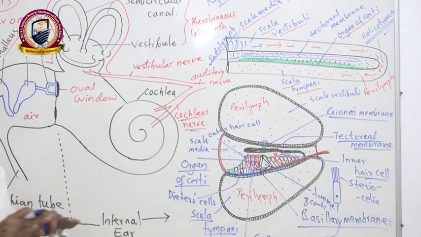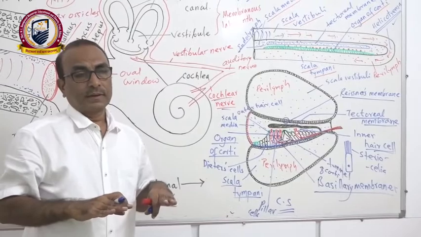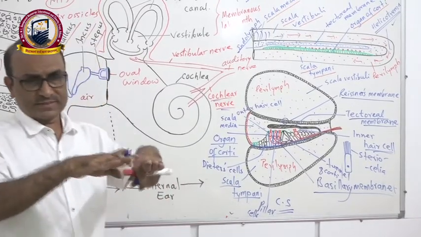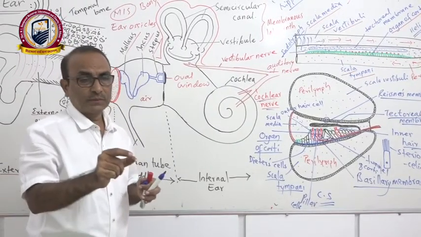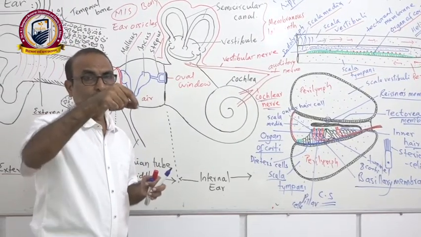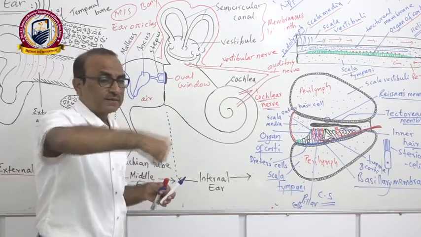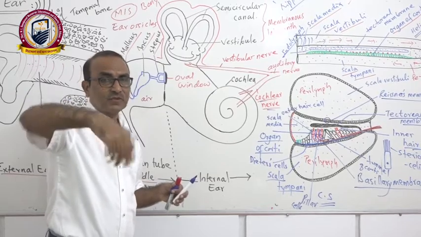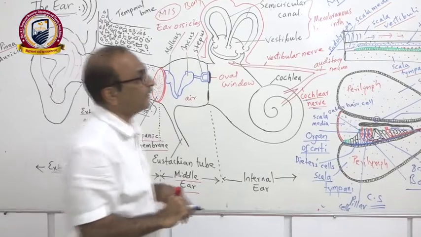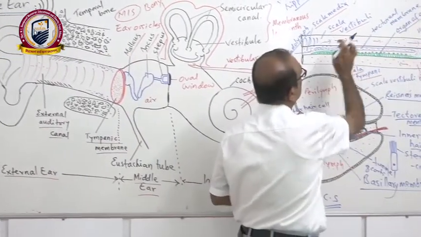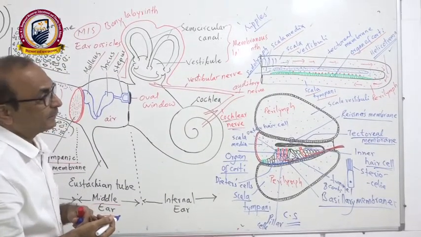If you look at a stagnant pond where the water is static, you see no movements. If you just put a stone, at that point where the stone strikes the surface of the water, you find ripples, circles. So if you see in cross section, there will be waves. Such ripples are created in the perilymph of the scala vestibuli.